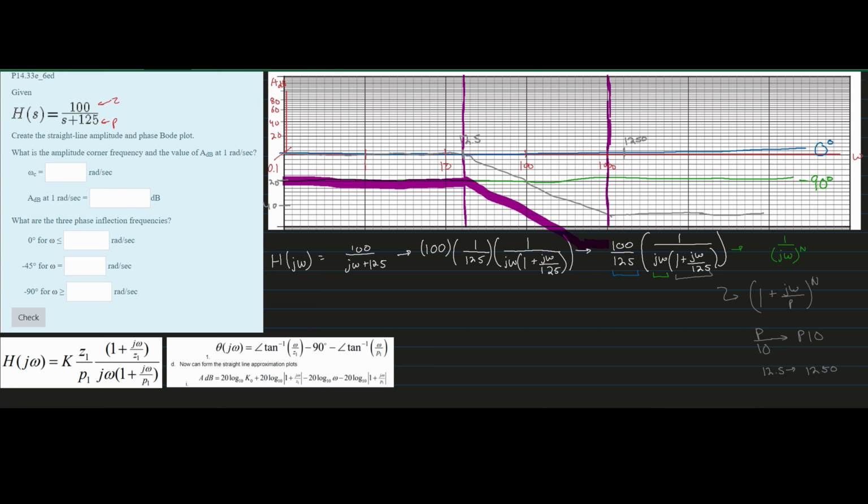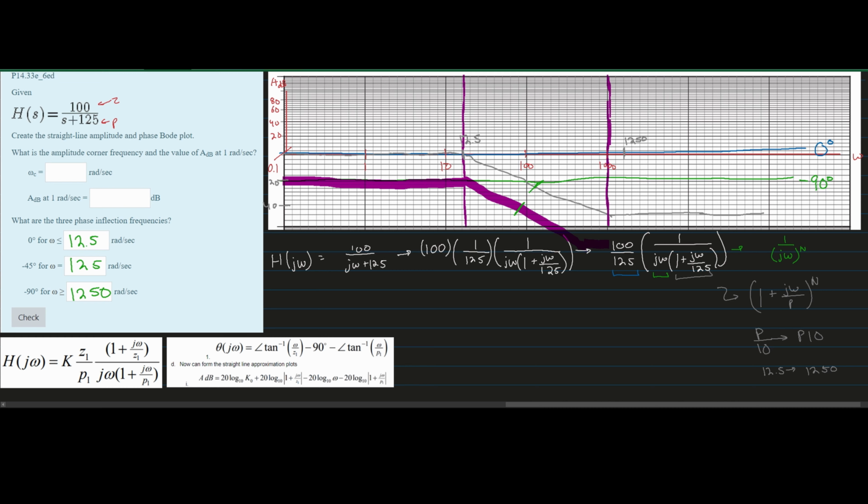So we can say that in the answer, we have 0 degrees as long as omega is less than our 12.5, and then it's negative 45 degrees when it's along this slope right here. So it's negative 45 degrees when we have this 125, because it's the only thing acting on it. And then it's a negative 90 degrees, so it continues on being negative 90 degrees after this 1,250. So we can write 1,250 here.